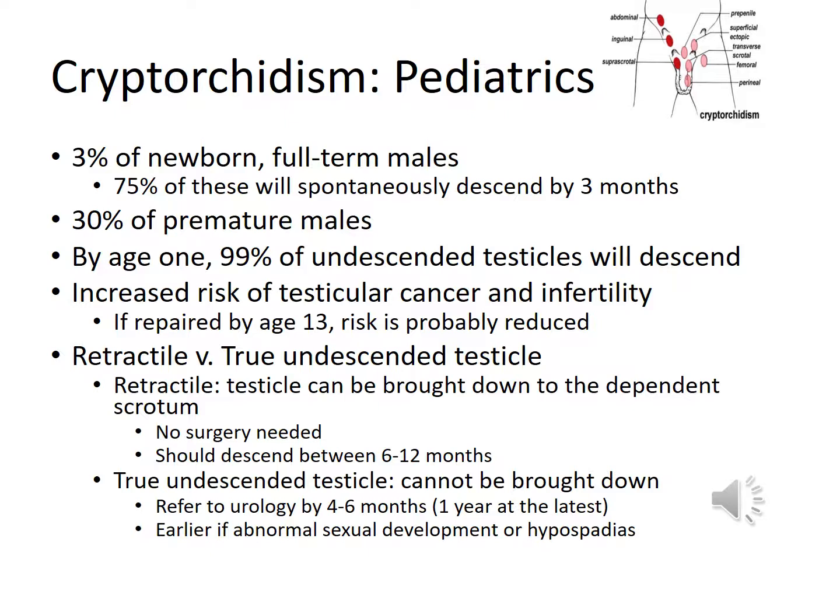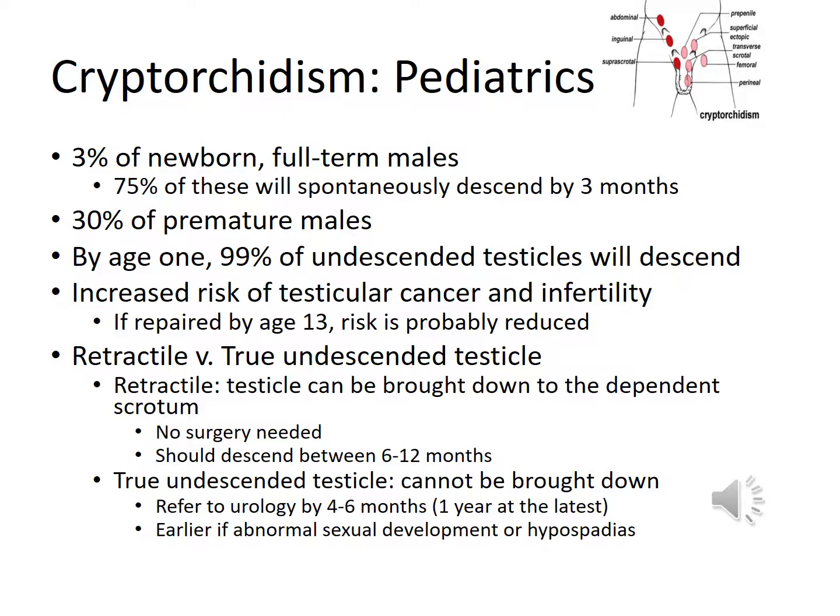Males who have cryptorchidism do have an increased risk of infertility and testicular cancer, and inguinal hernias and testicular torsion are all complications that can result from prolonged cryptorchidism. If they're repaired by the age of 13, usually that risk is reduced.